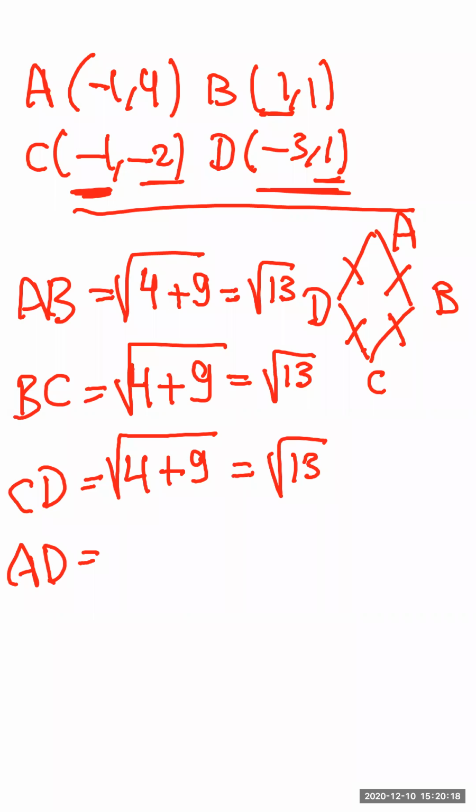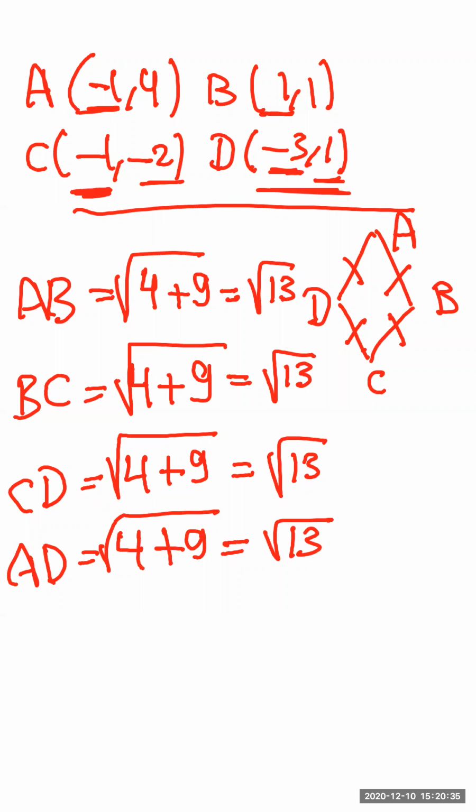AD will equal -3 minus -1, so -2 squared means 4, plus 1 minus 4, -3 squared means 9. So here it will equal square root also of 13. So AB equal BC equal CD equal AD. So this one is a rhombus. So that was the first requirement.